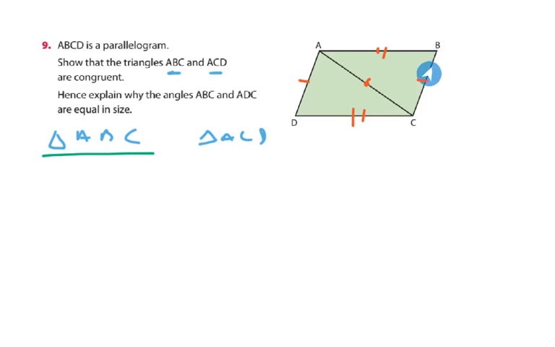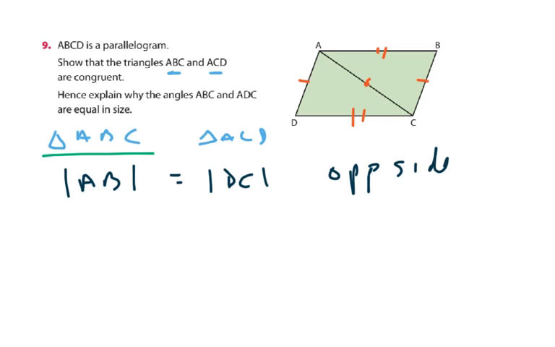the length AB is equal to the length DC. And the reason which you put over here is because they're opposite sides in a parallelogram. PAR, parallelogram. Okay, the other two sides are the same.